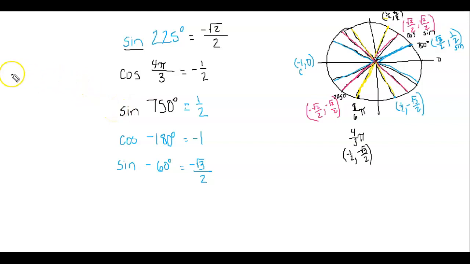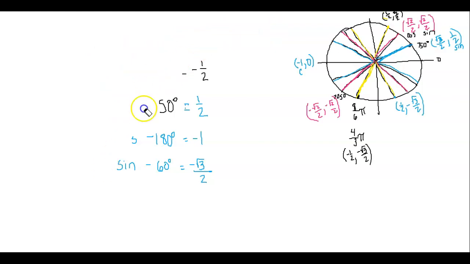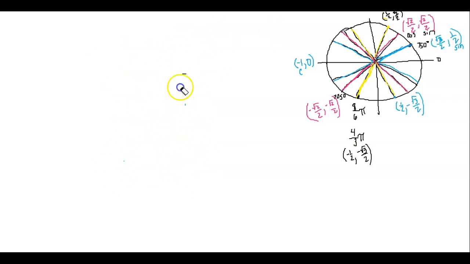What we haven't talked about yet is tangent. How do we find tangent when we're dealing with the unit circle? Because you might notice the lack of tangent on the unit circle. So we need to think for a second about what tangent is equal to. Tangent is the ratio of the opposite over the adjacent.